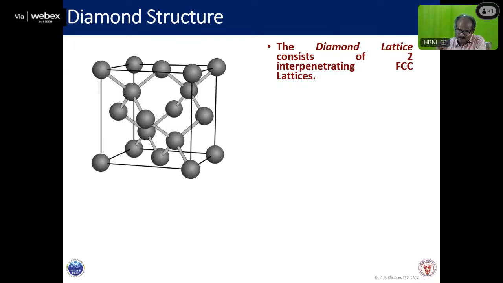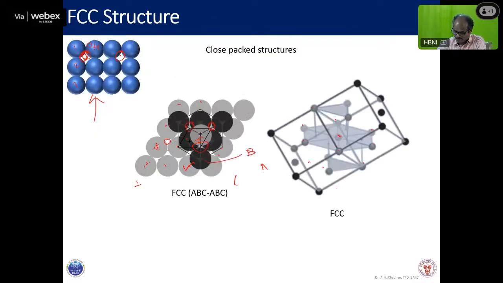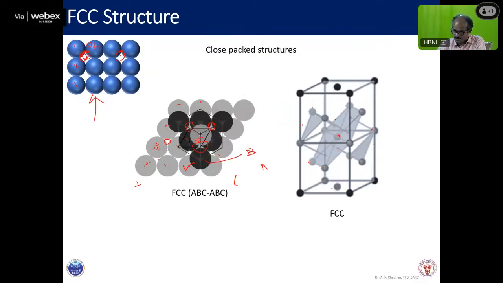If we see the diamond structure, it consists of two interpenetrating FCC lattices. Now what was the FCC lattice? It was like this. So you have one FCC lattice, you forget the upper part, just ignore this part. You have one FCC in which there are atoms at 8 corners and there are atoms at each of the faces.